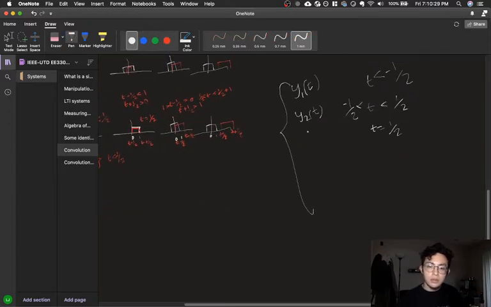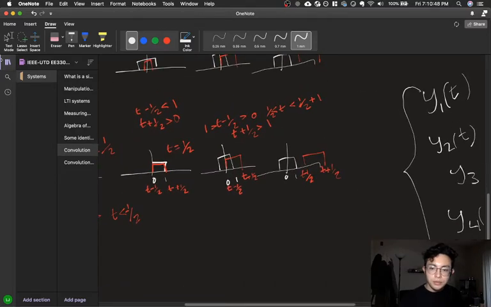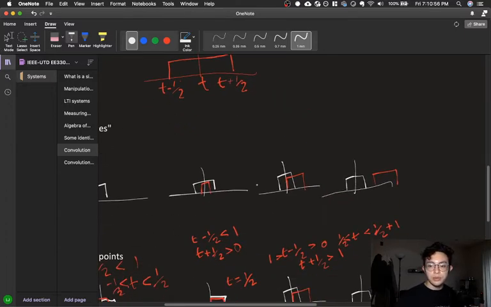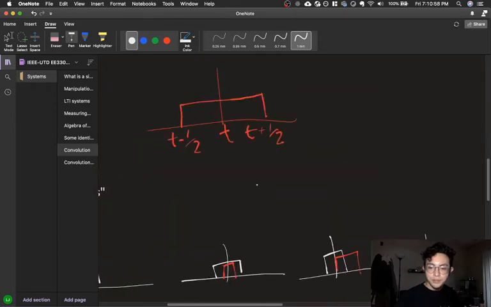y2 of t. Let's write that down. And this will be y4 of t. T is less than 3/2, greater than 1/2. And if we have this last one, notice that nothing's overlapping. It's similar to the first case that we had.